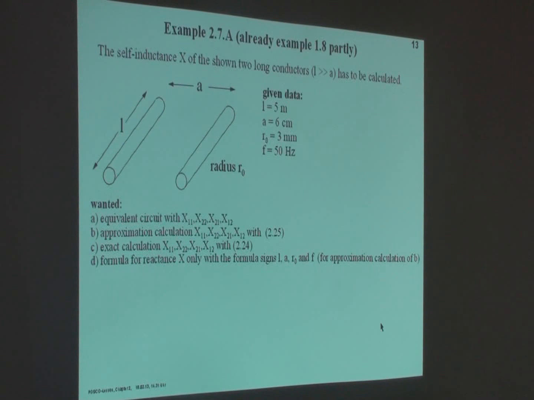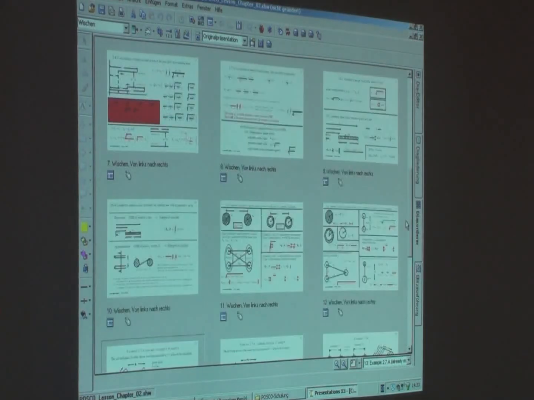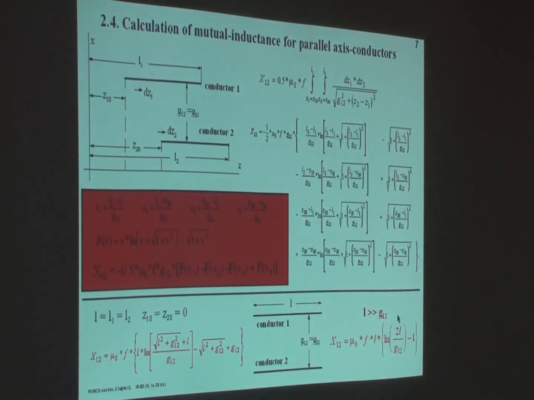And therefore we have to get... Now I am looking for the formulas. The formulas are here, the left and the right one. I think we will almost get the same with both methods.